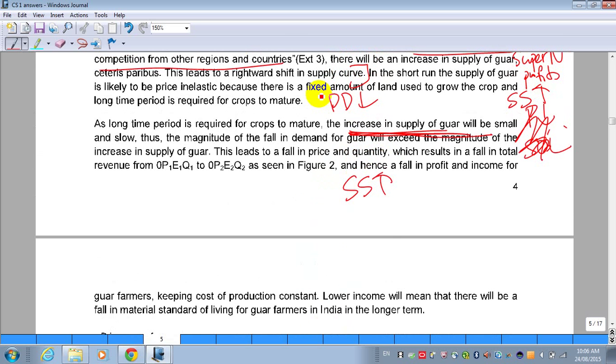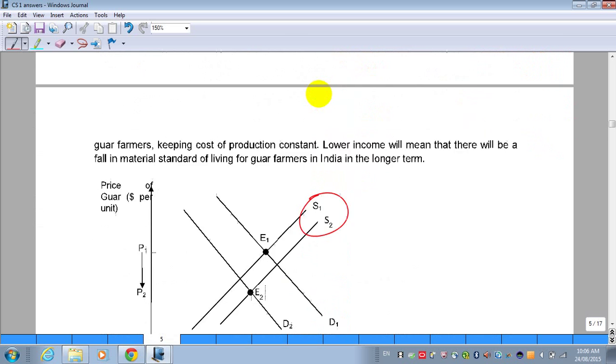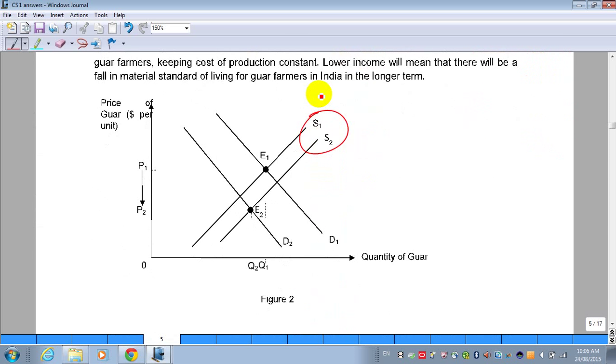I think that is the point that they're trying to make. It takes time for the crops to mature, and therefore the fall in demand is greater than the increase in supply.